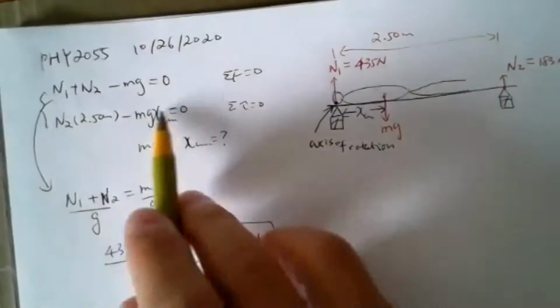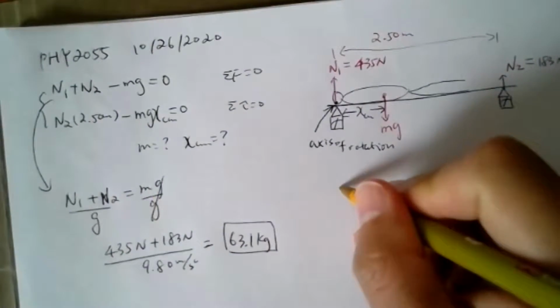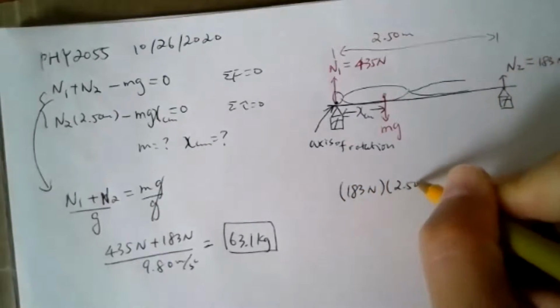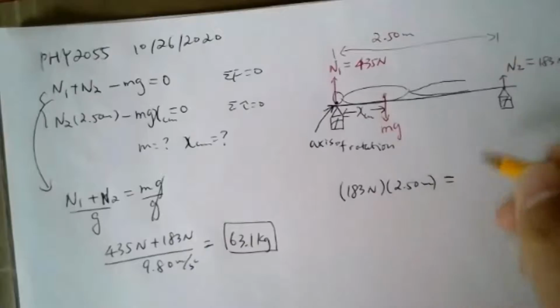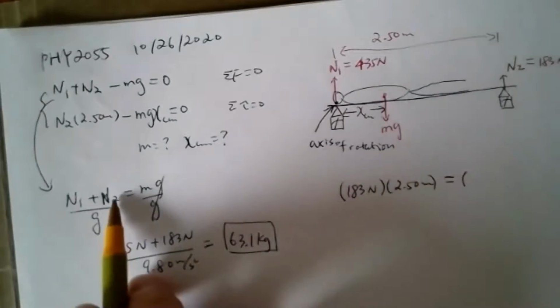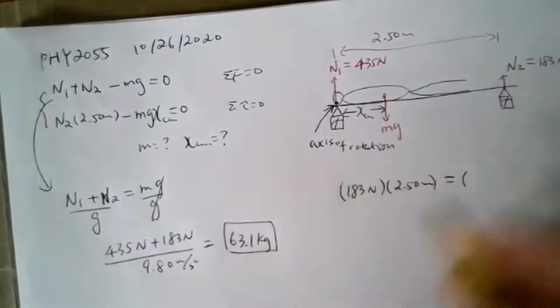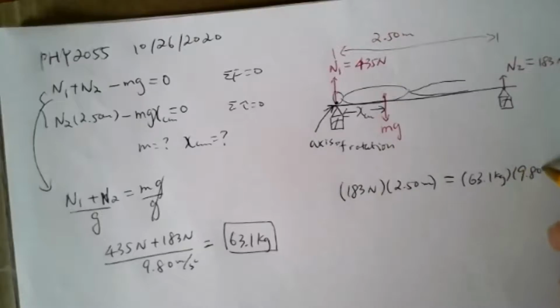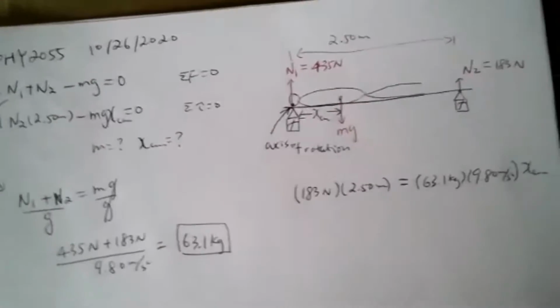Okay, so this minus that equals 0. That means N2, which is 183 newtons, times 2.5 meters equals mg times x center of mass. You can take N1 plus N2 to be mg, or you can use this guy. So 63.1 kilograms times the 9.8 meters per second squared times x center of mass.